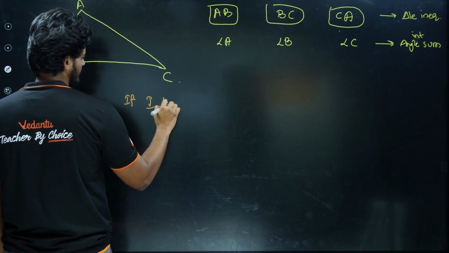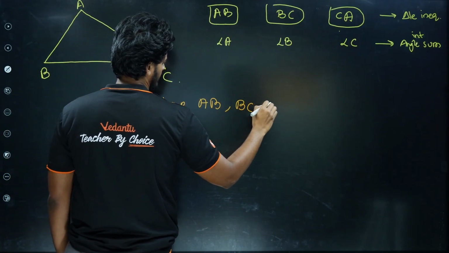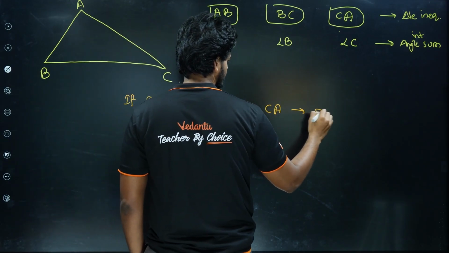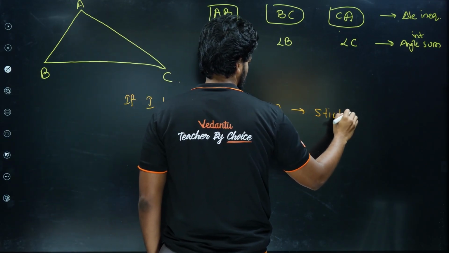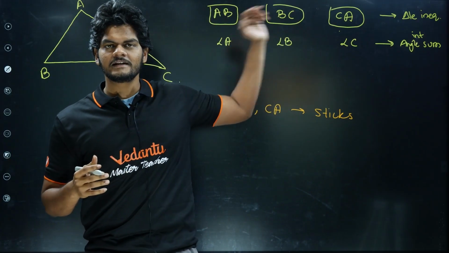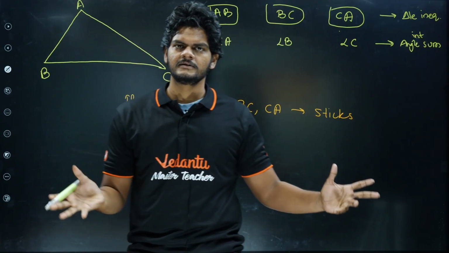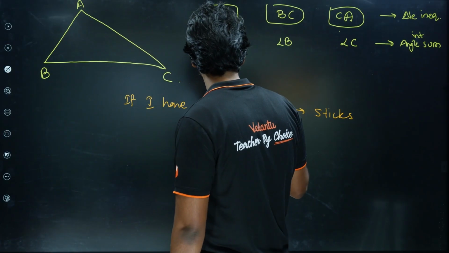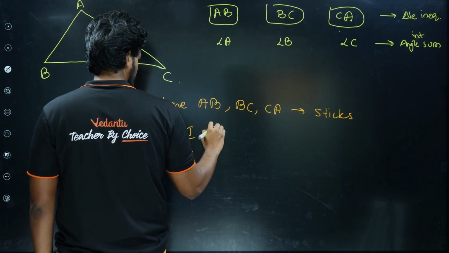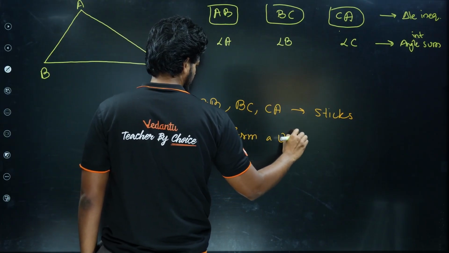If I have AB, BC, CA, like sticks or something, if I have sticks of length AB, length BC, length CA, I can just put them together to form a triangle, and I will form a unique triangle.